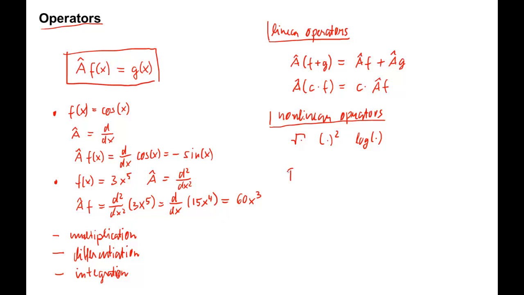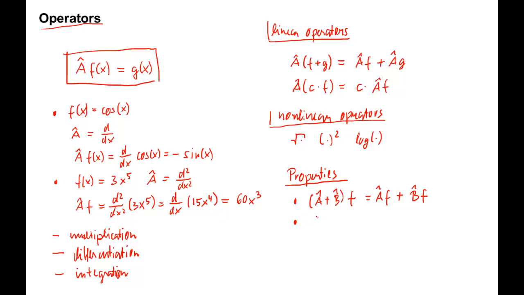Here are some basic properties of operators. The sum of two operators should be understood like this: a plus b operating on f is equal to a operating on f plus b operating on f.